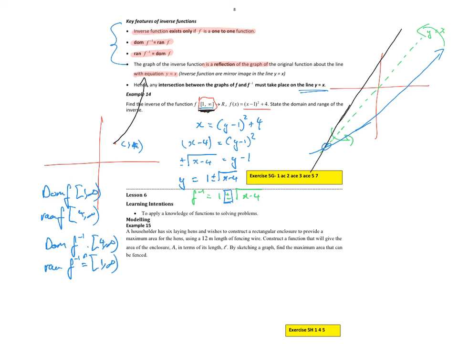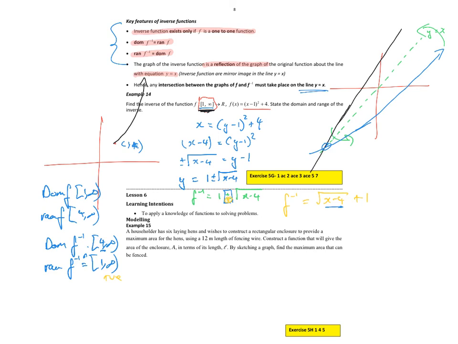Now, because our range is positive numbers, that means the negative sign can go. So let's put my final answer: f inverse of x is the square root of x minus 4 plus 1. Think about the domain. It's from positive 4 onwards, which gives me the graph that I need, the positive square root.